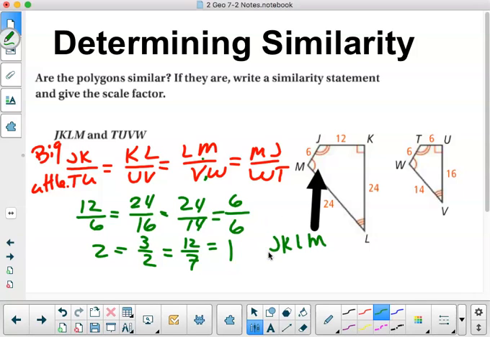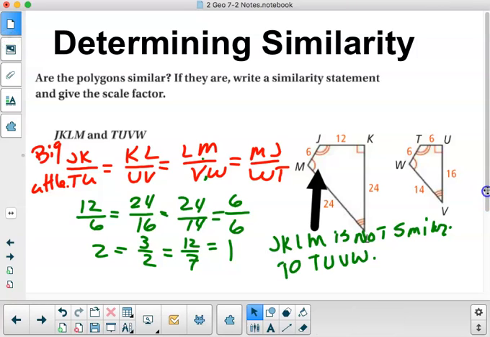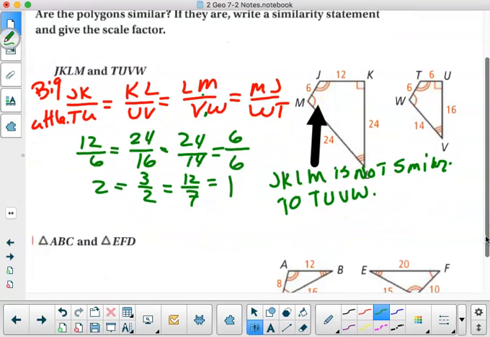JKLM is not similar to TUVW by definition of similar polygons. And all I did was line up corresponding sides.